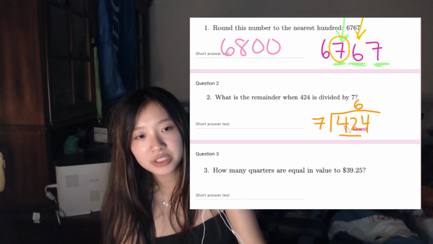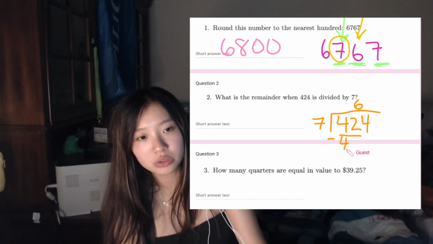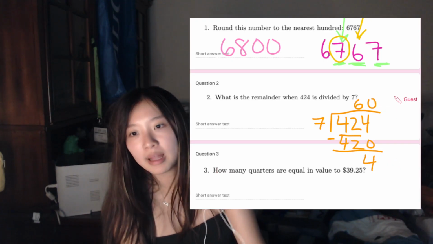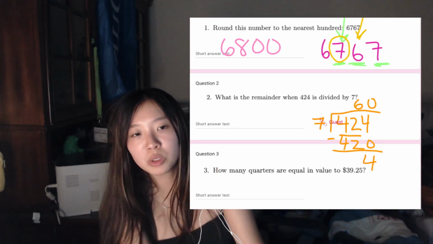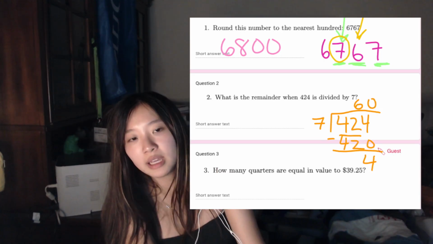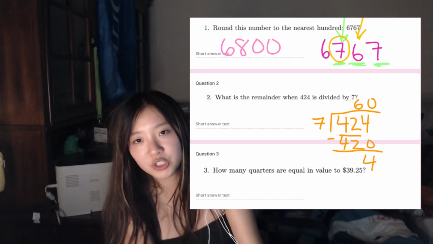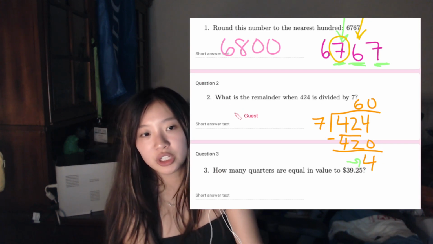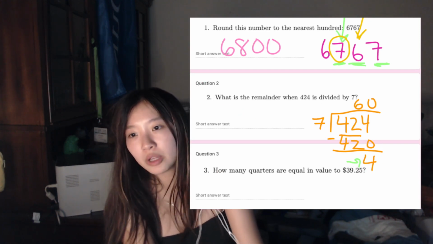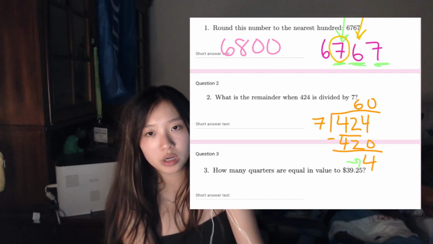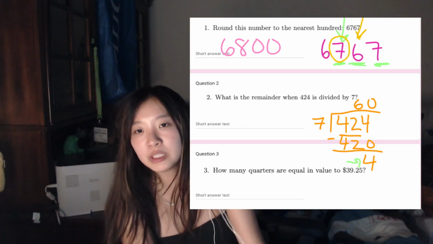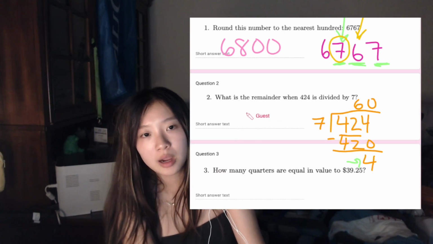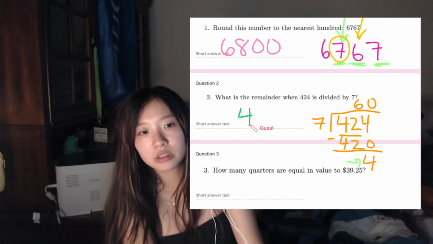And this is going to get me something like 420 here. And I have a remainder of 4 if I multiply it by 0. So I know that 7 times 60 is 420. So I have a remainder of 4, and this is actually going to be our final answer. So this is a really quick solution if you are pretty familiar and comfortable with long division. This was the skill we were pretty much testing here. Pretty advanced. But yeah, we have a final answer of 4.